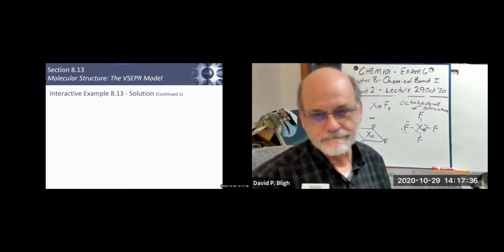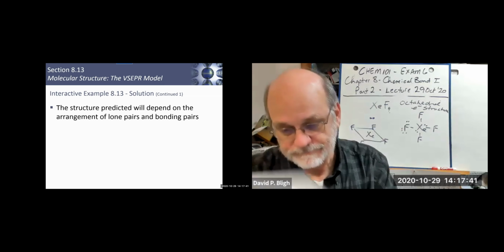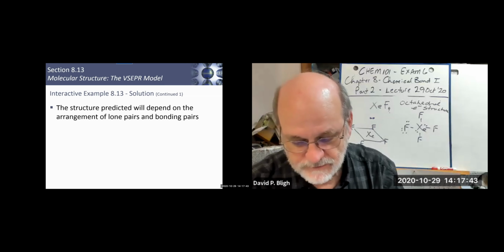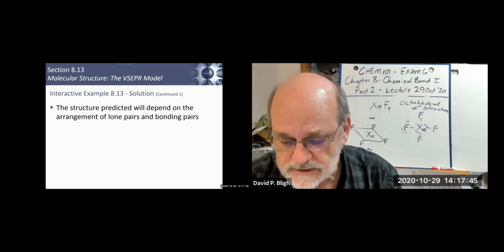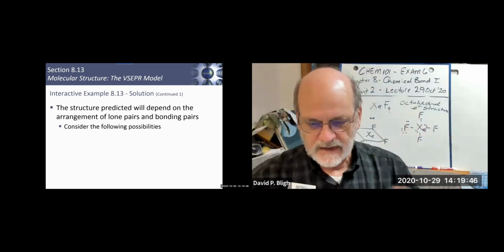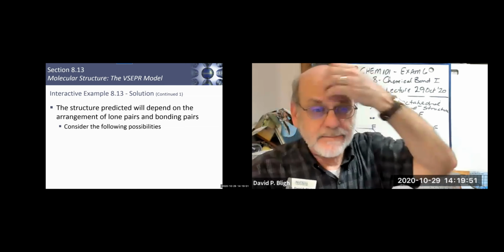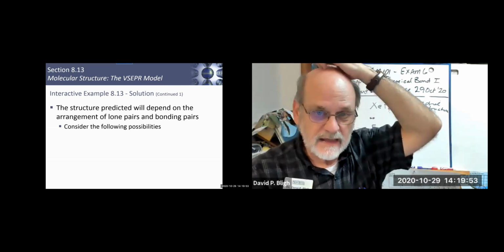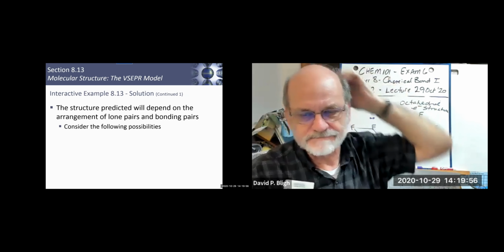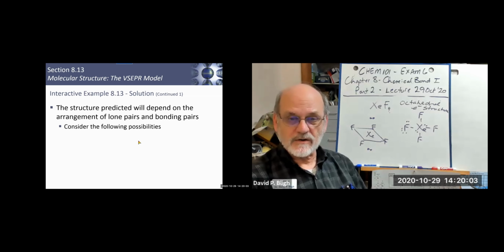Okay. So, maybe some final words. We're coming down the home stretch. This is just a restatement. The arrangement of the lone pairs and the bonding pairs determines the molecular structure.